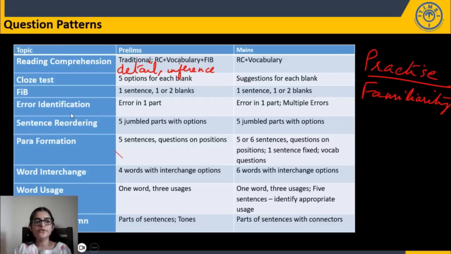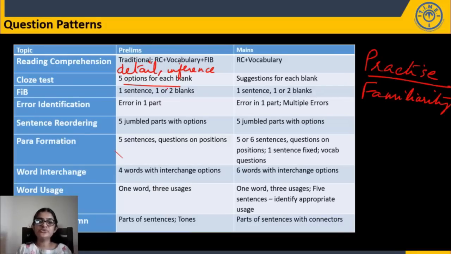That's it. Now, one tip I want to share at this point is, in cloze test, a mistake many students make is they look at each blank and let us say it is this pattern, okay, 5 options for each blank. So what they do is, of course there is a time constraint, everyone is rushing.